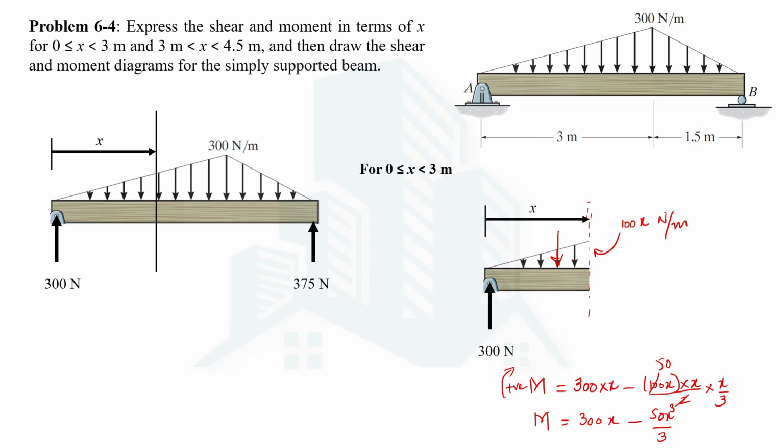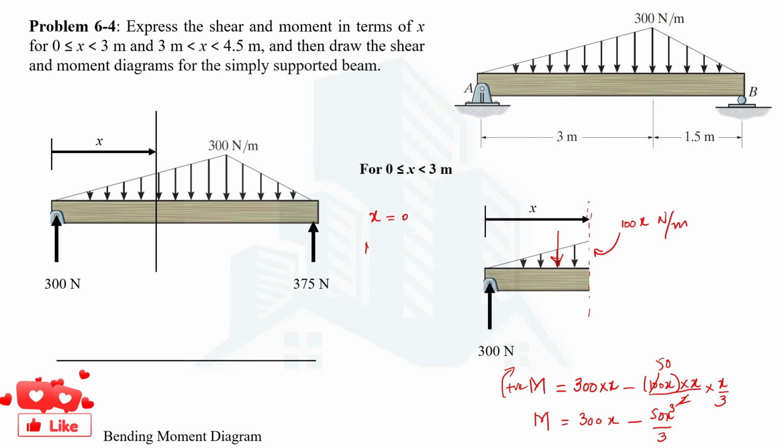Now let's draw the bending moment for this portion, 0 to 3. When we put x equal to 0 in this equation of moment, we are going to get the moment as 0. Previously we determined the point where we have zero shear force, which was root 6. So this will be the point where we have the maximum bending moment.